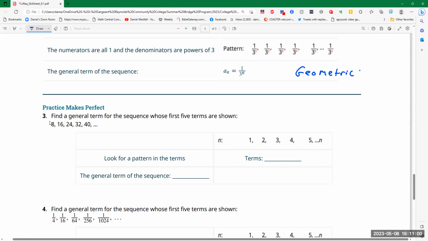So maybe this is 8 times 1, 8 times 2, 8 times 3, 8 times 4, 8 times 5, and we would assume that this would be 8 times n. So our nth term should be a sub n equals 8n.